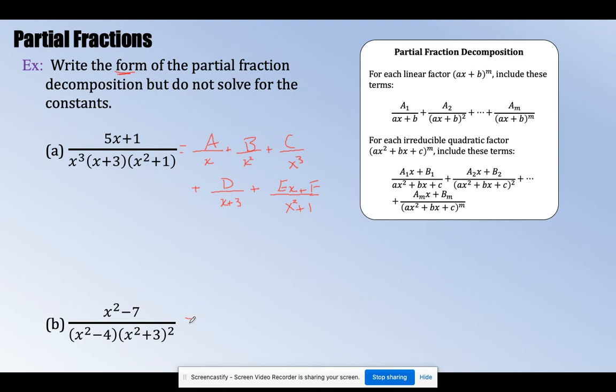So look at this one. X squared minus 4 is not an irreducible quadratic. It reduces into two non-repeating linear factors. X squared plus 3 is an irreducible quadratic, and it is repeated twice.